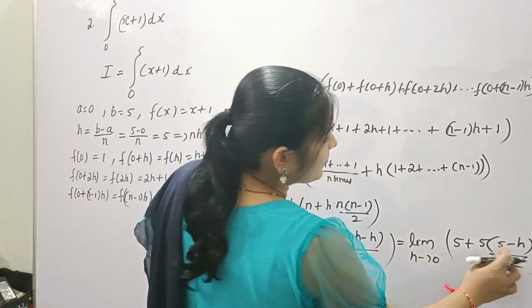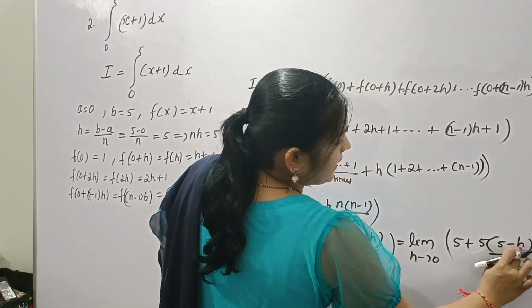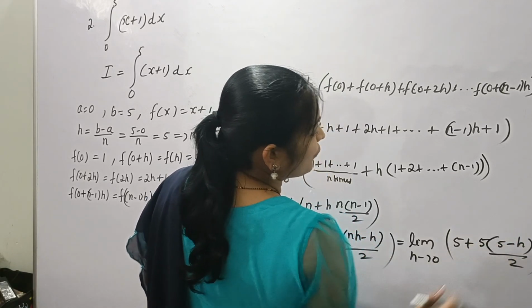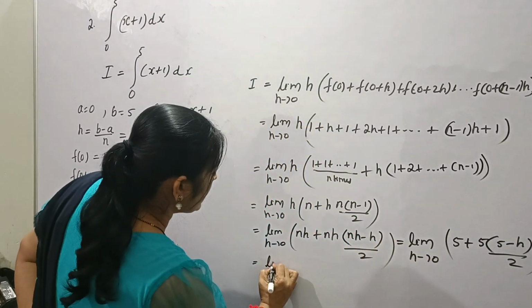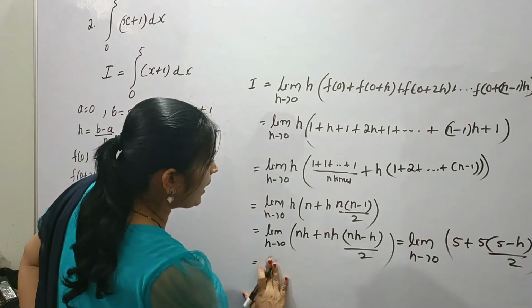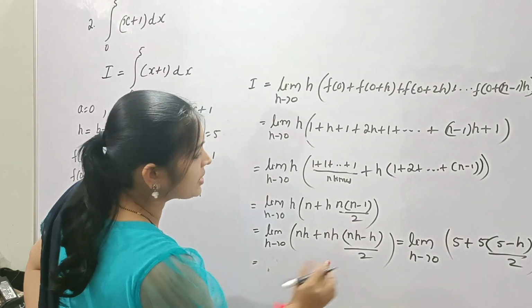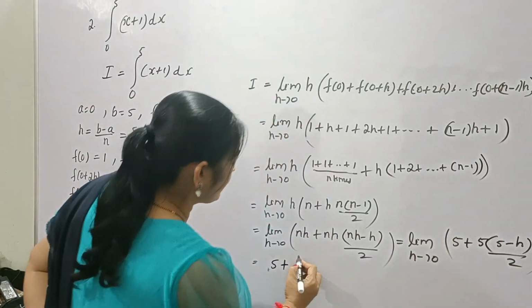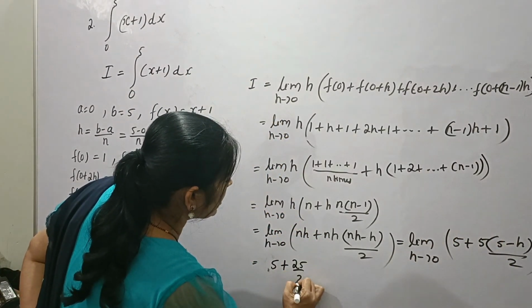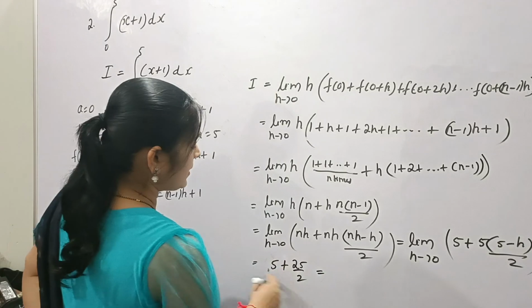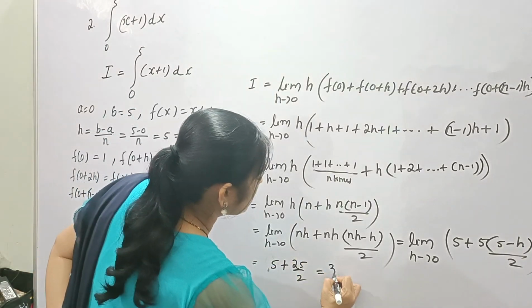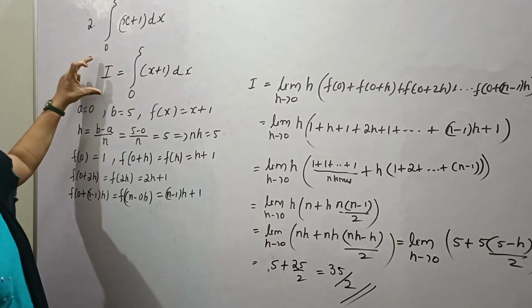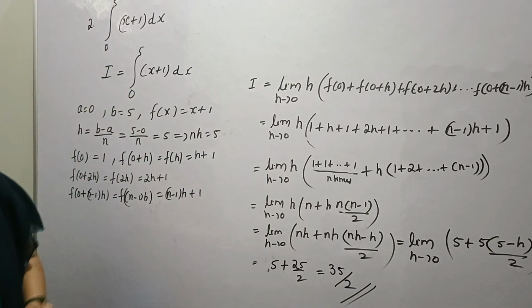So 5 minus 0 is 5, 5 into 5 is 25. After applying the limit, 5 plus 25 divided by 2, that is 10 plus 25, 35 divided by 2 is the value of the given integral.